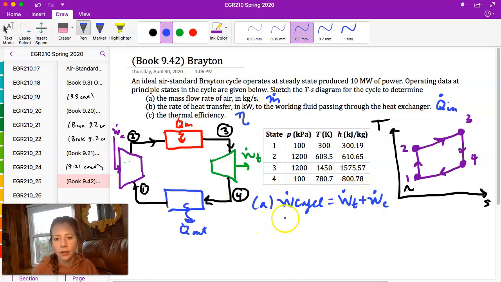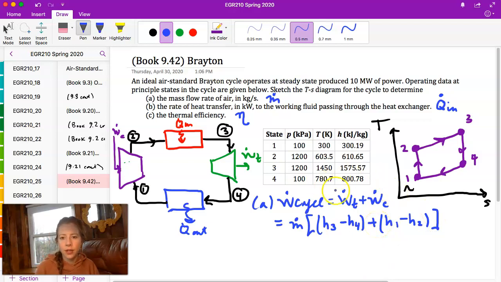And so this is going to equal M dot times, for the turbine, that's going to be 3 to 4, so it's going to be H3 minus H4. Okay, so we're positive for the turbine, then the compressor is going to be H1 minus H2. All right, so that's our compressor.